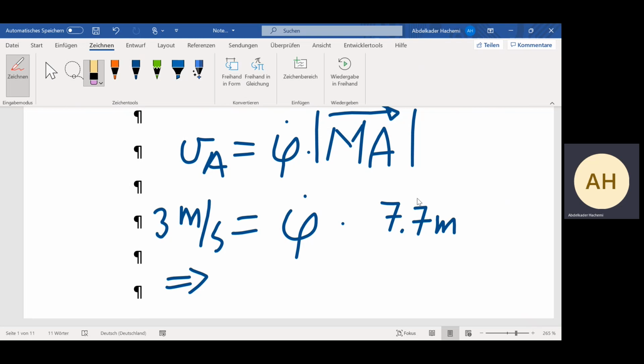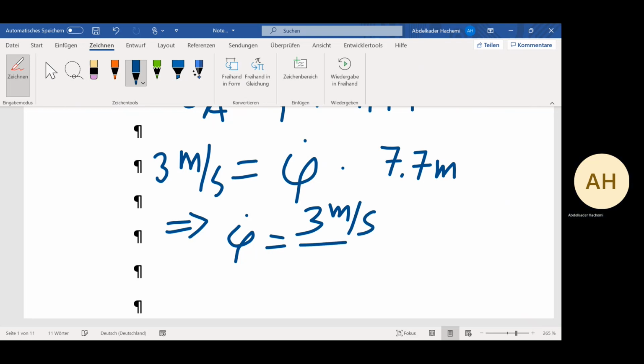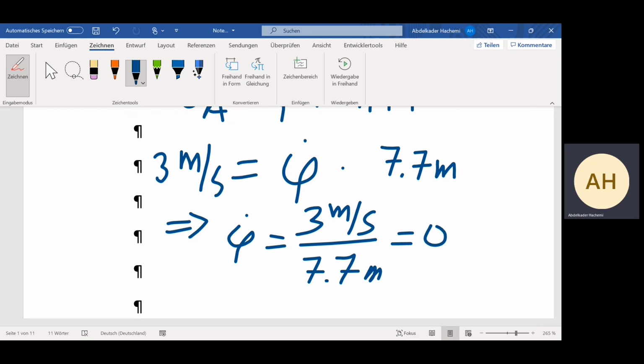You can read it directly from the graphic. Now we can get phi dot: 3 meter per second divided by 7.7 meter, and this gives 0.39 1 per second.